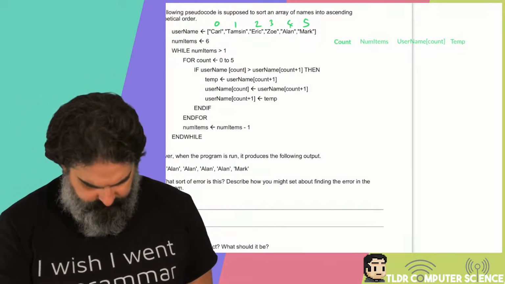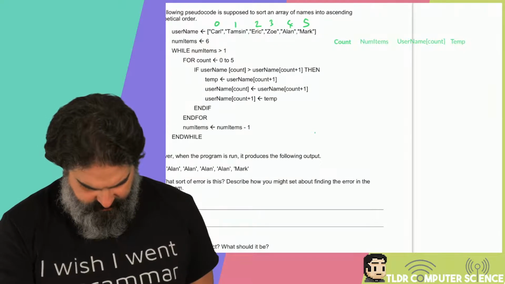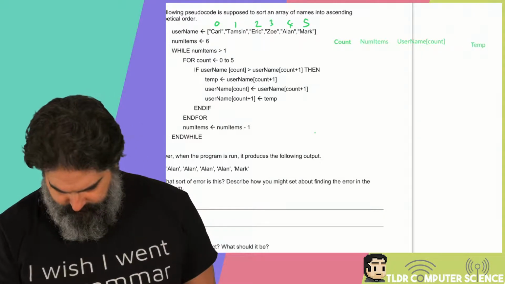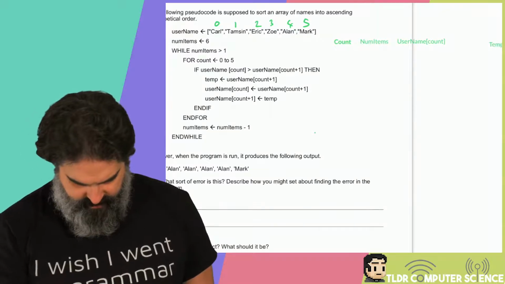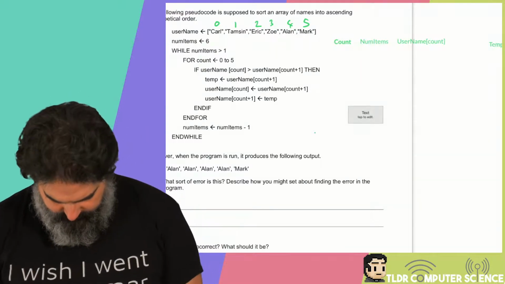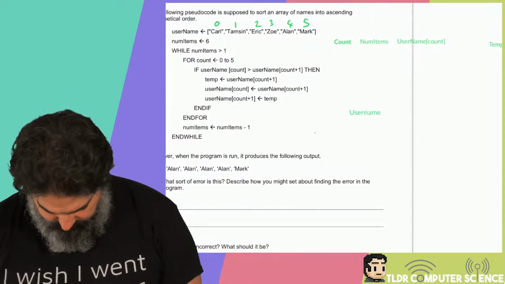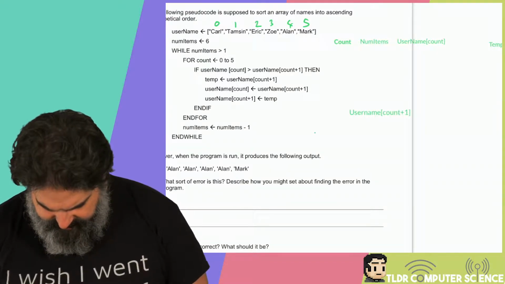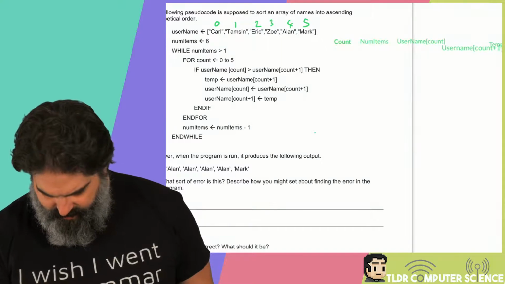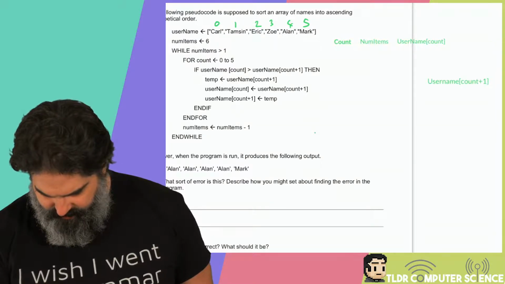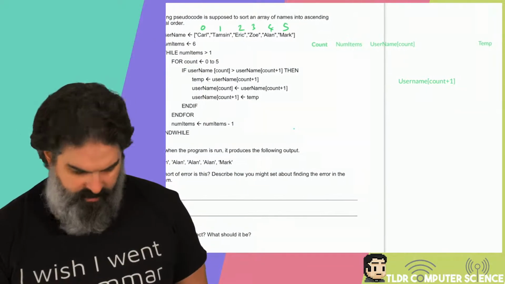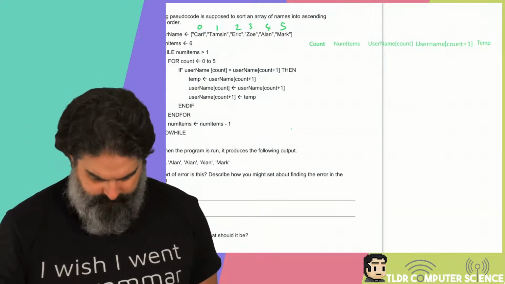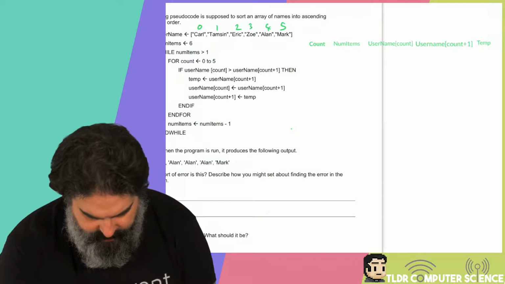Temp, and then we've also got username, and count + 1. Sorry for the delay, guys, but I think it's really worth my while doing this because it gives us an opportunity to actually look at all this.